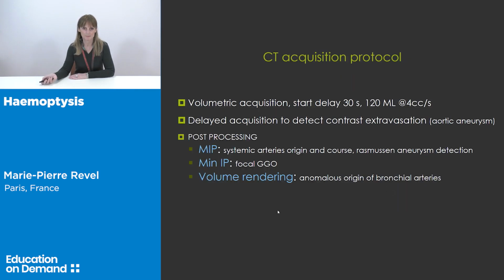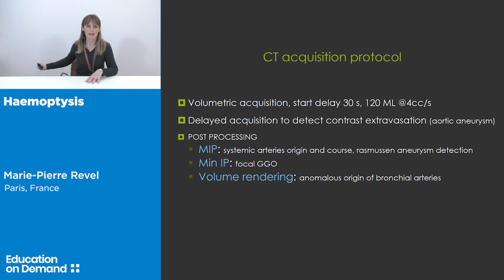What about the CT acquisition protocol? We need to have an opacification of both the pulmonary and the systemic circulation, and for this we need to use a large amount of contrast, a high injection rate, and a start delay of approximately 30 seconds. Delayed acquisition is helpful to detect contrast extravasation in aortic aneurysms, and some post-processing techniques are very useful.